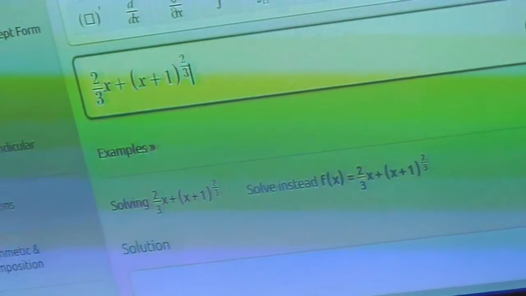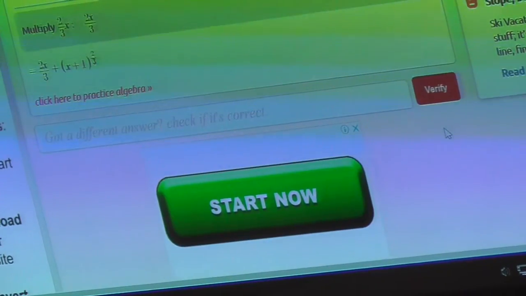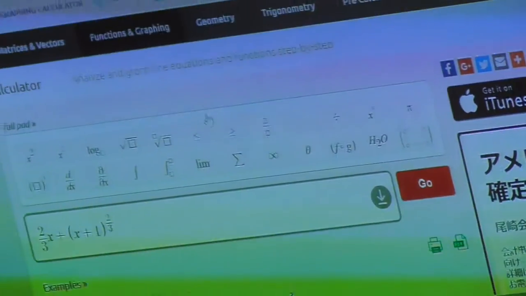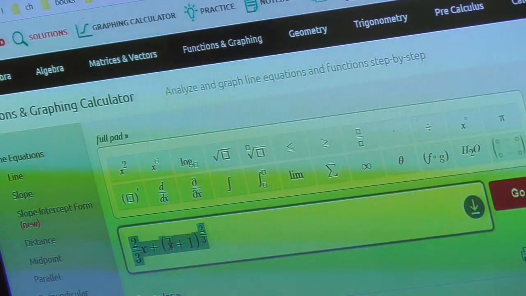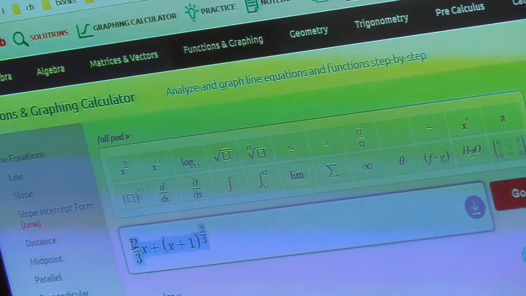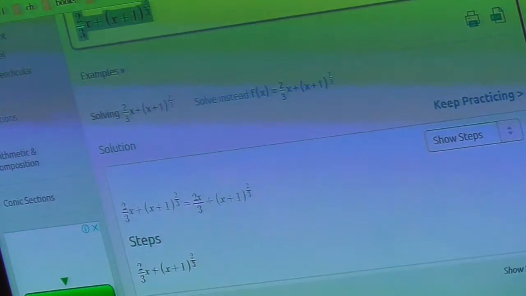It doesn't show you how to do it. Solving. No. I thought it was a graphing calculator. Functions of graphing. Solving. No. I want to graph it.